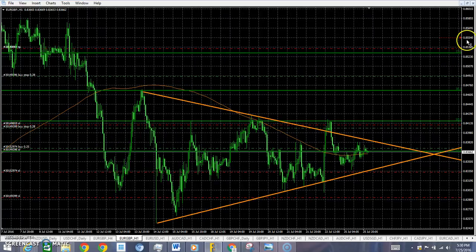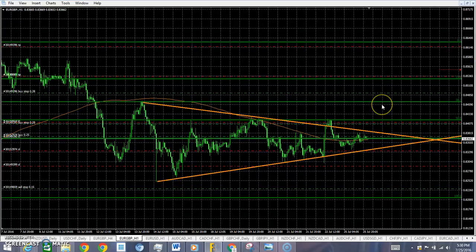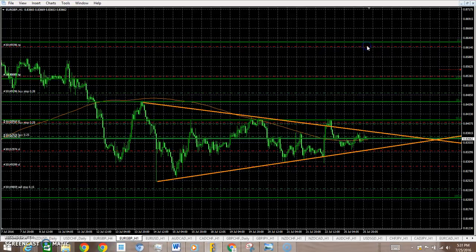But my take profit, I always try to aim for a higher risk reward ratio. So my take profit is going to be 130 pips at 0.86185 for a total profit of $465.